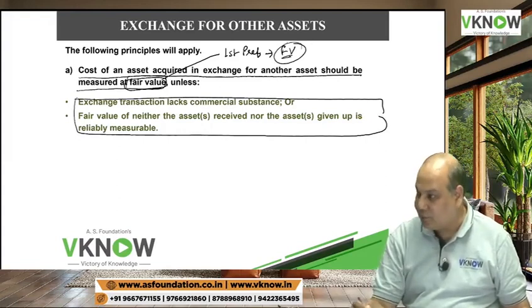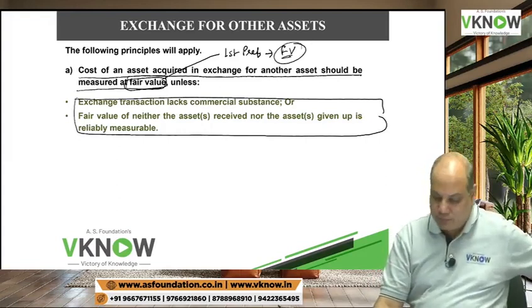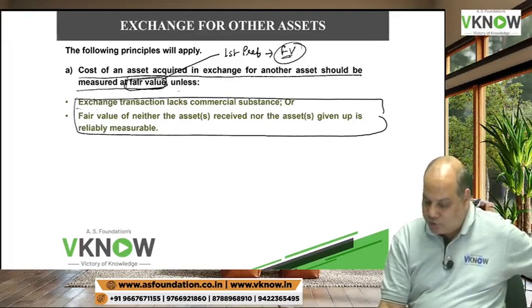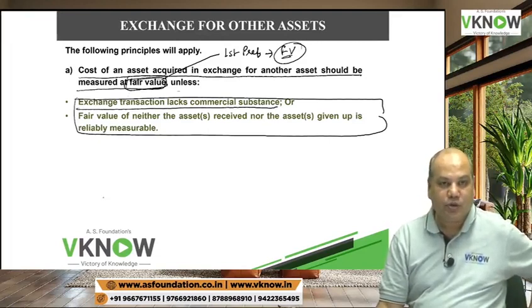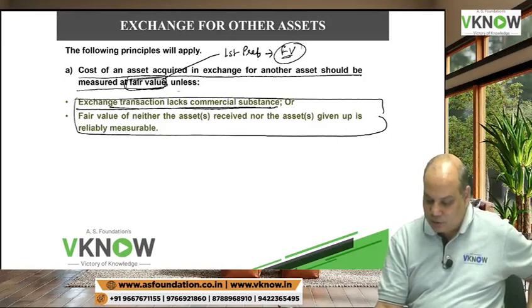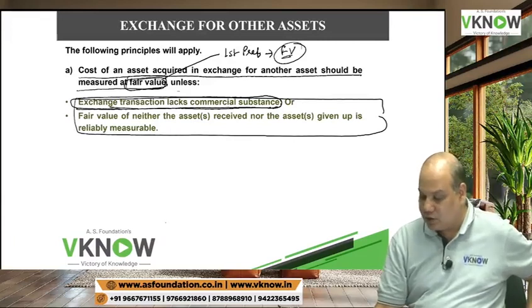Many students don't understand this point. You can apply fair value only unless the exchange transaction lacks commercial substance. Oh my God, before coming to the class today, you had not thought that so much complication would be there.